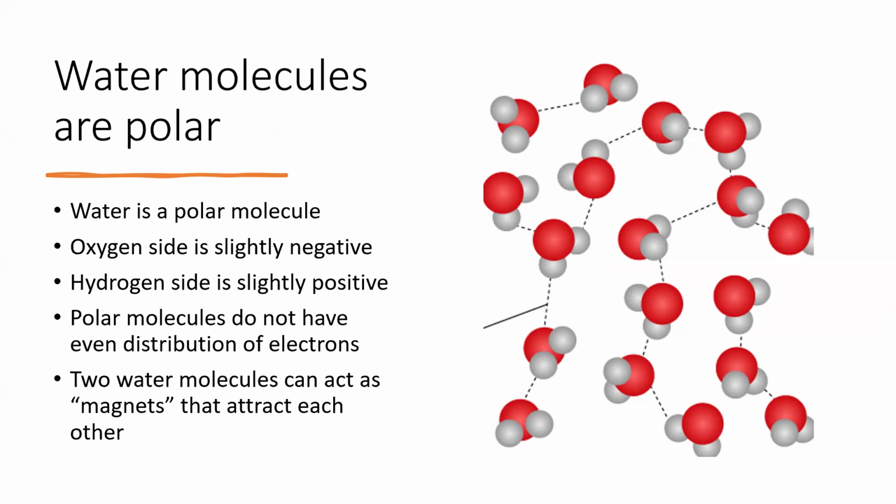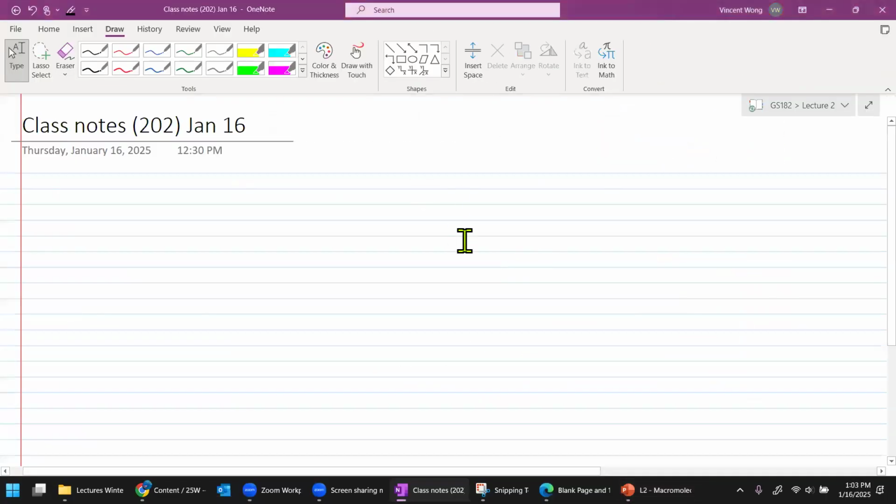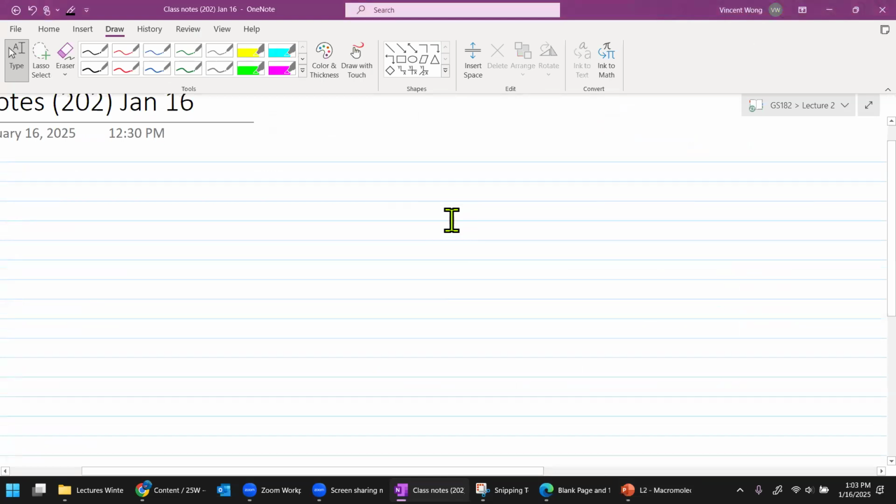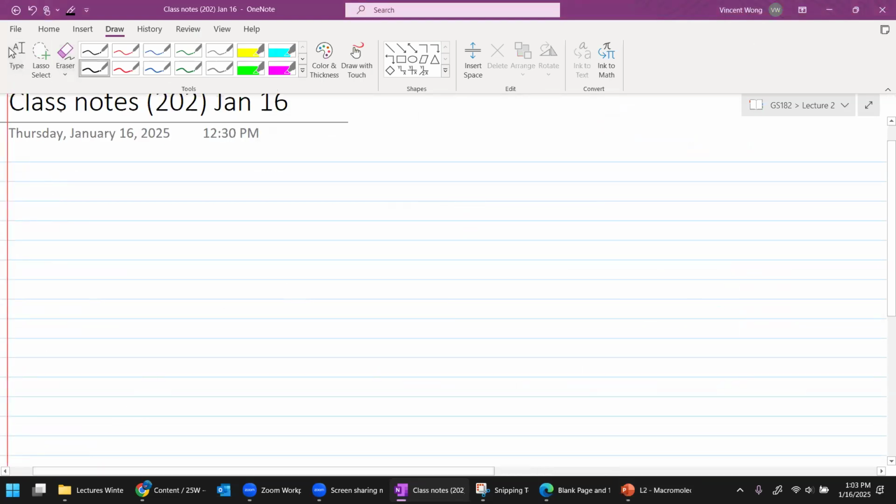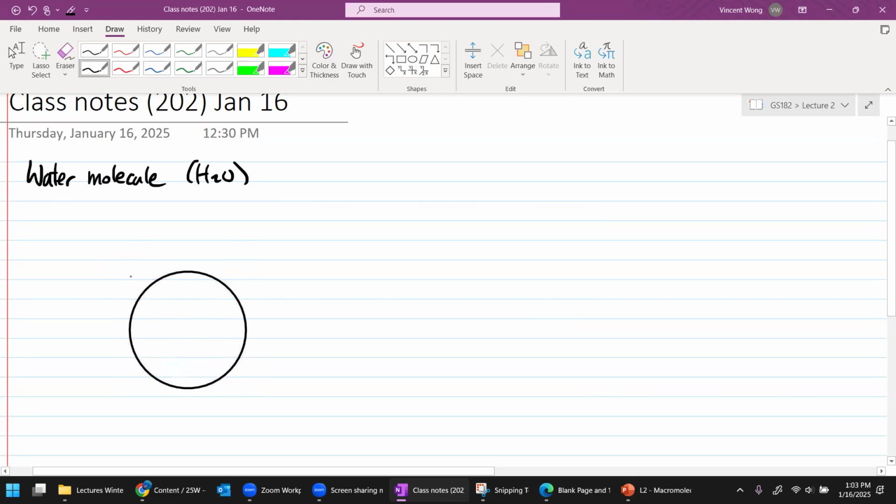Okay, I want to take a moment and draw some water molecules with you. All right, so this is a water molecule. To draw a water molecule, it's like drawing Mickey Mouse. You have the face, and then you have the ears.